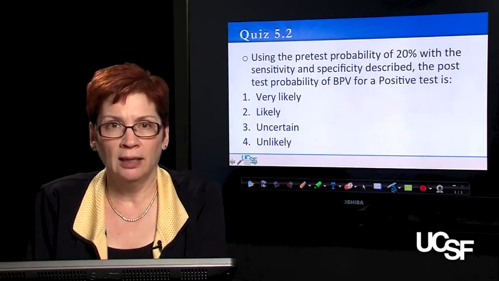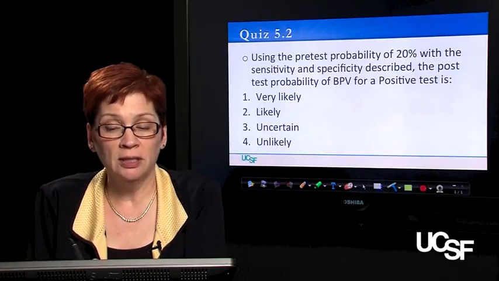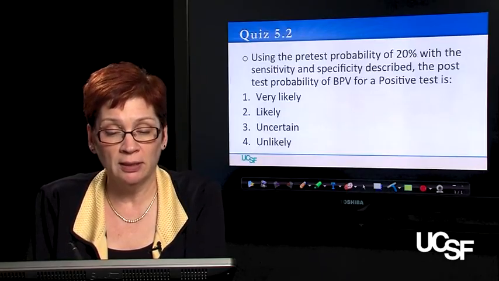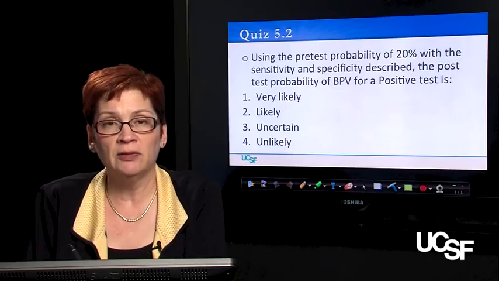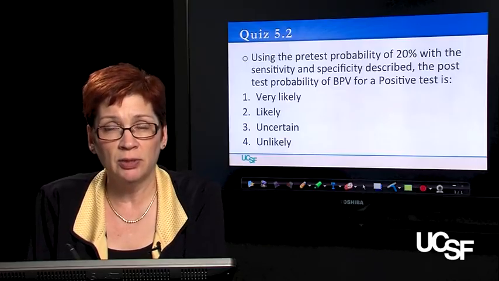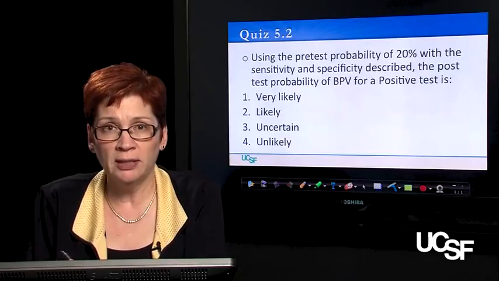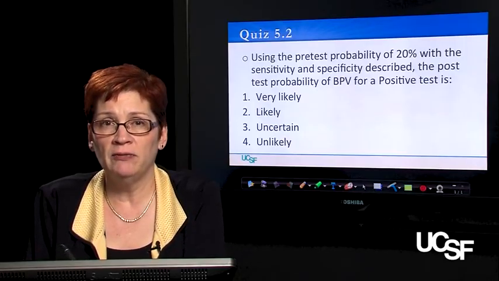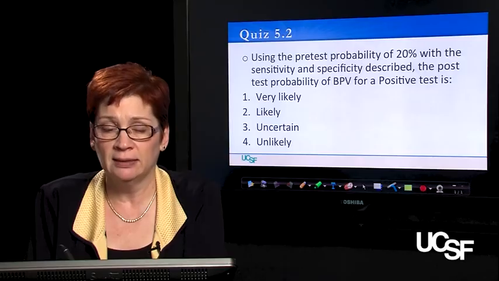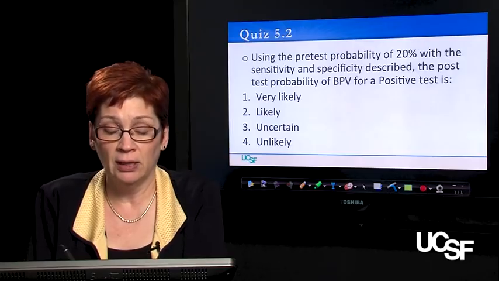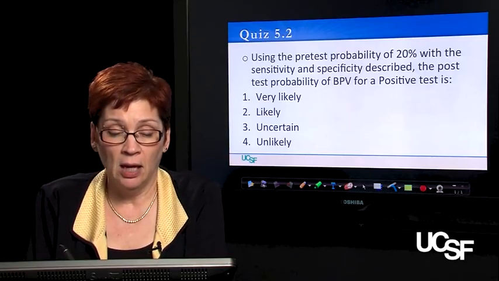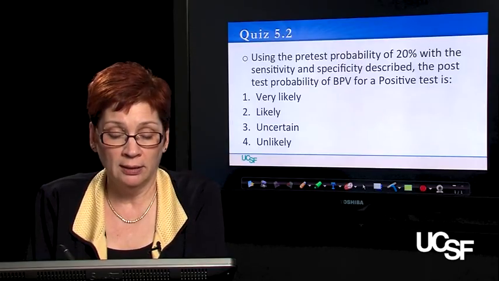So, second quiz of the day. Using the pretest probability of 20% with a sensitivity and specificity of 75 and 75% respectively, the post-test probability of BPV for a positive test is very likely, likely, uncertain, or unlikely.